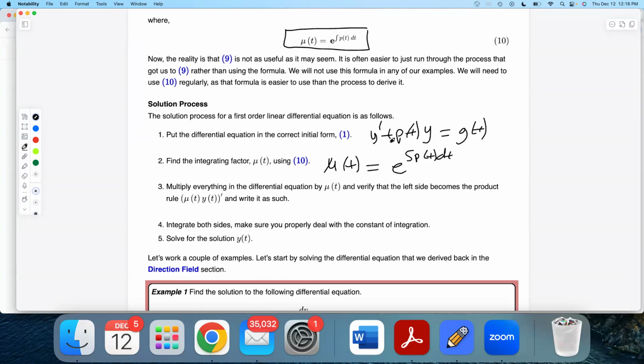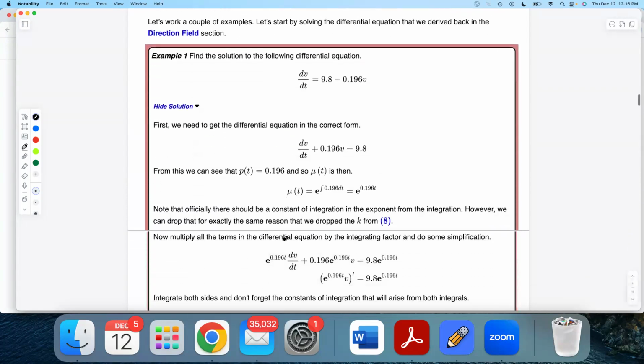We multiply both sides by whatever we get here. This is the hard part because we have to actually do this integral. Multiply everything by that. Then the left-hand side is always, every single time, going to be the product rule derivative of mu times y. Then we integrate both sides with respect to our proper variable, divide by mu at the end, and we're done.